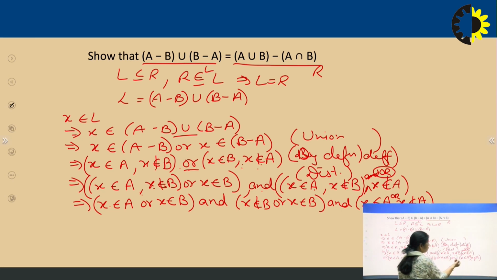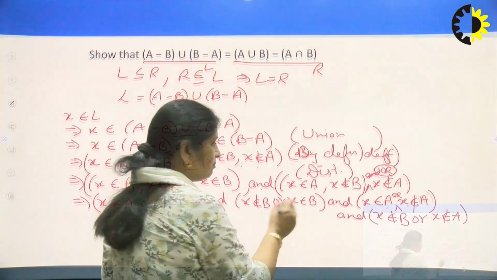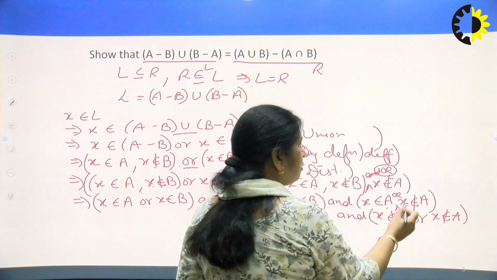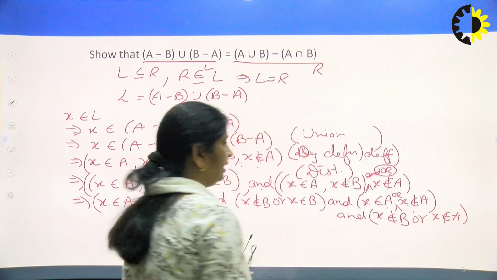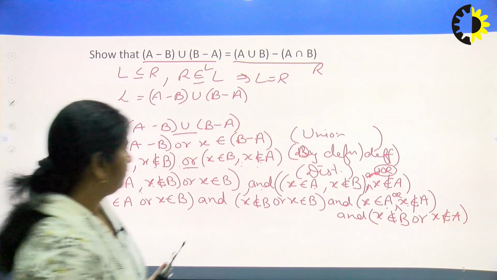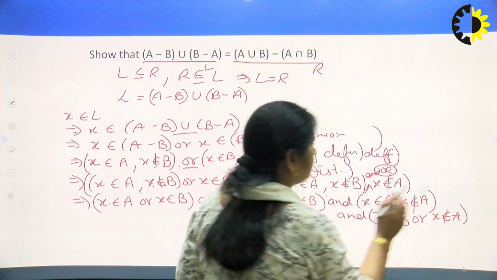X belongs to A or X doesn't belong to A. Now again and X doesn't belong to B or X doesn't belong to A. So we are having four conditions: X belongs to A or X belongs to B, and X doesn't belong to B or X belongs to B, and X belongs to A or X doesn't belong to A, and X doesn't belong to B or X doesn't belong to A.